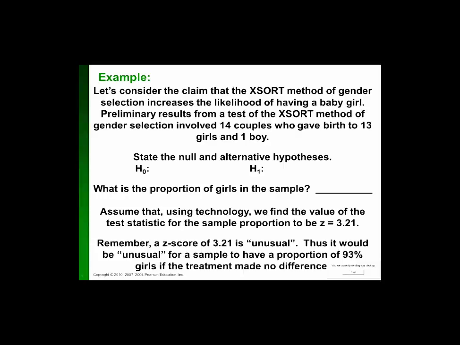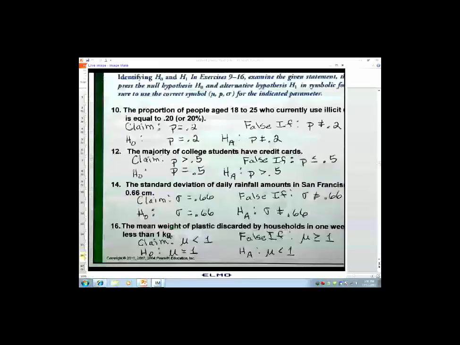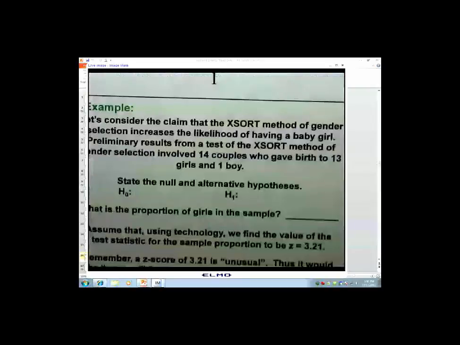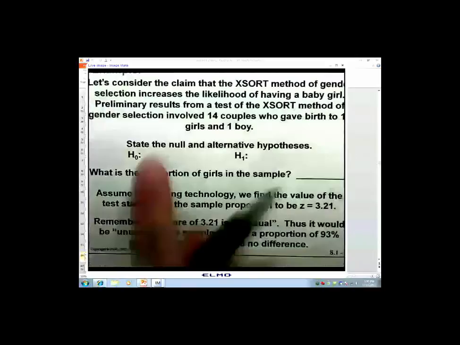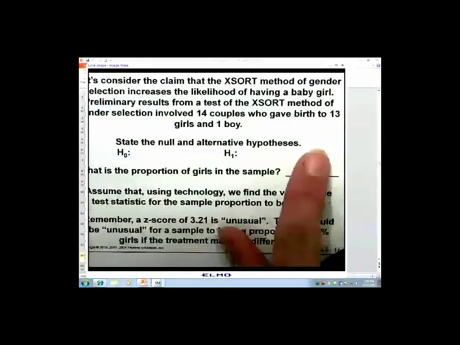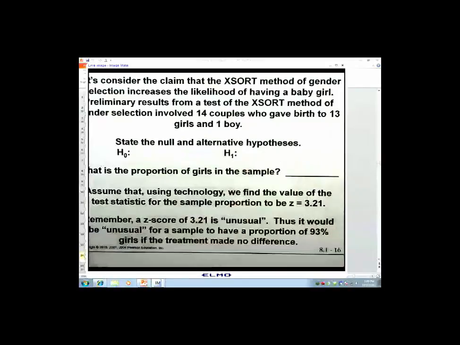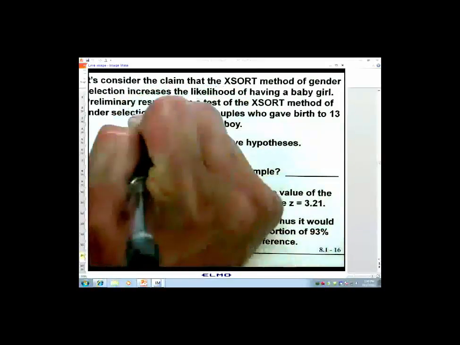Switch to one I can write on. Preliminary results are that 14 couples gave birth to 13 girls and 1 boy. State the null and the alternative hypotheses. Before you can state that, you have to state the claim. What is the claim that the IVF Institute is making?